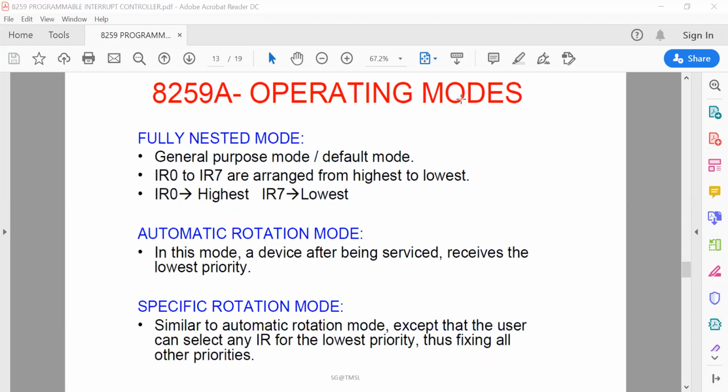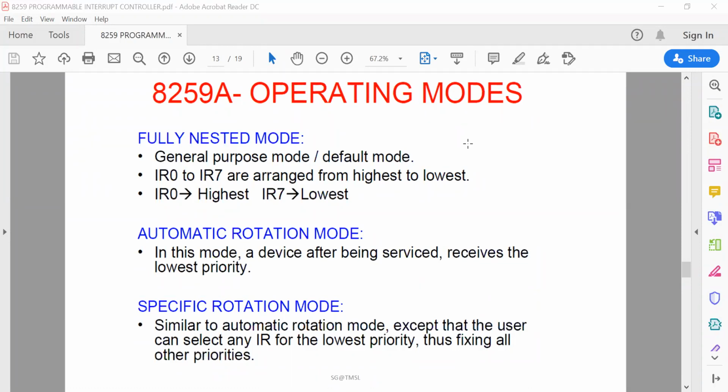Now these priorities can be changed during OCW programming, which rotates on a specific EOI command, in the initialization command, operational command word OCW2. There is a bit which can be used to set up this type of operation.